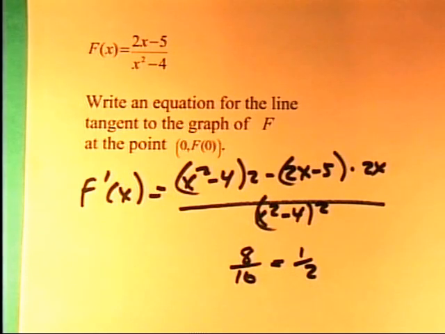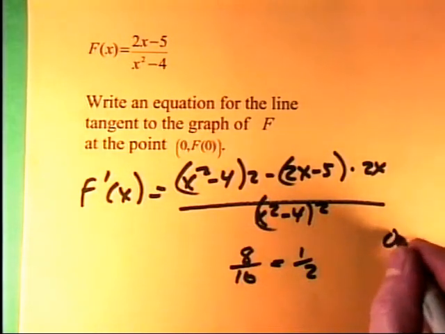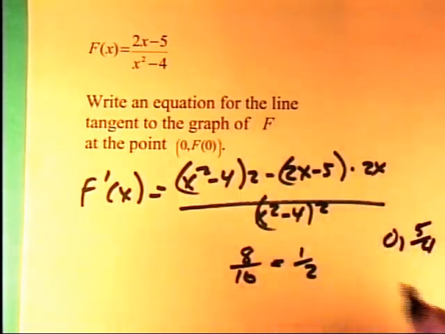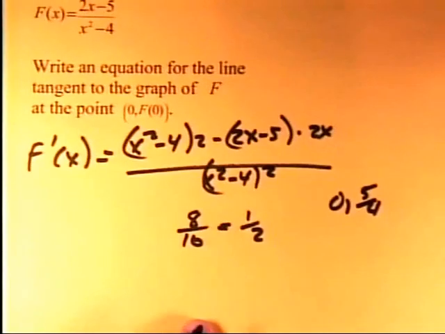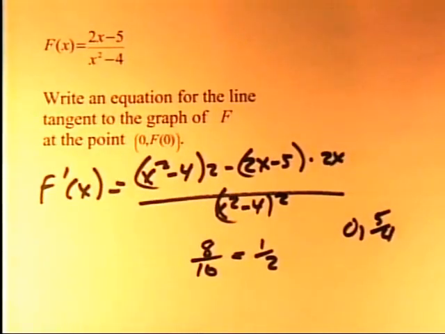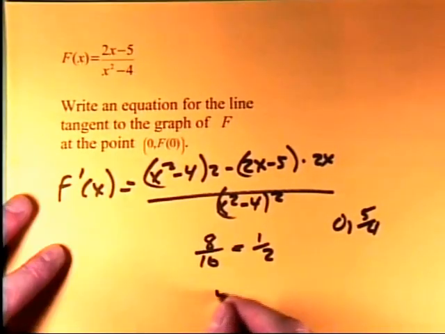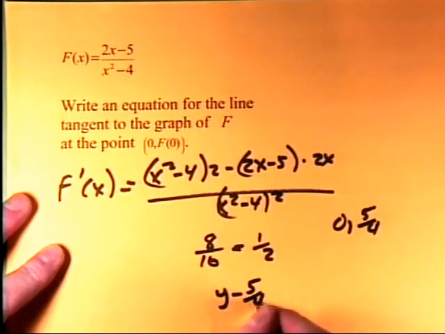When x is 0, what does y equal? It's negative 5 over negative 4, 5 over 4. So you got the point (0, 5/4), and the slope is 1/2. What do you got as the equation of the line? y minus 5 over 4 equals 1/2 x.